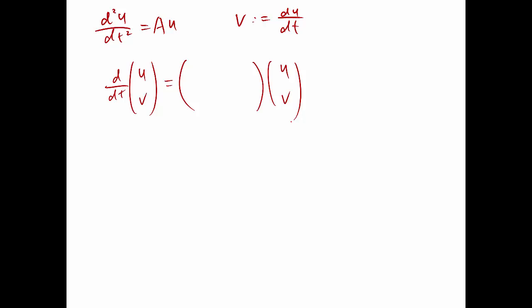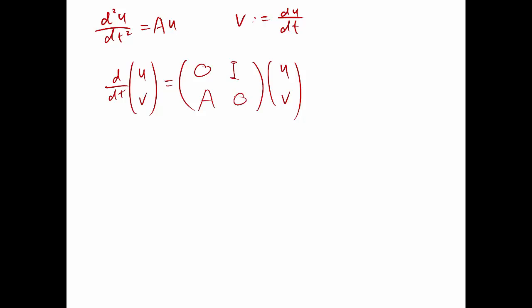And what is the matrix? We get 0 here, we get identity here, we get A here and 0 here.